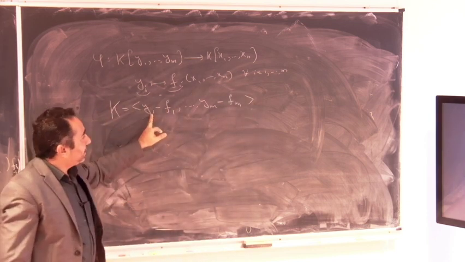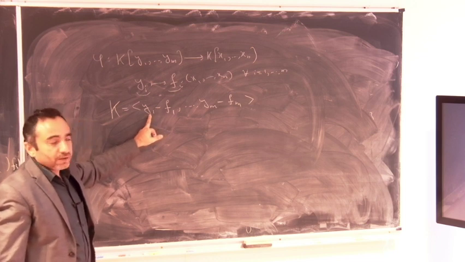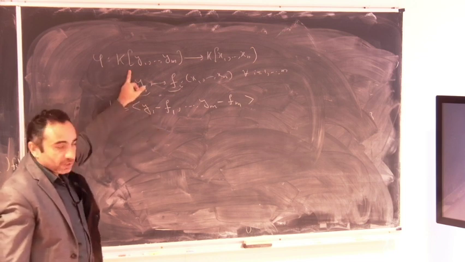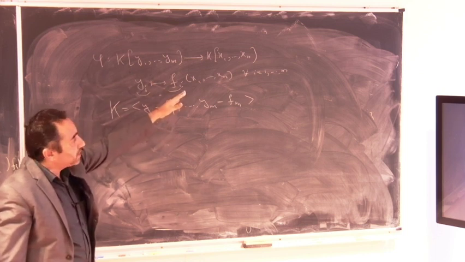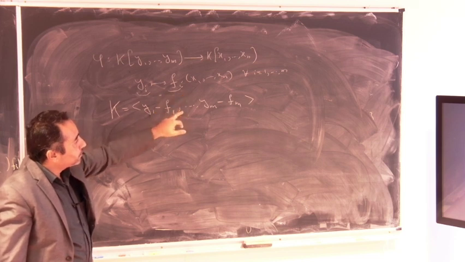Now this ideal has y variables from the domain and f from the range, that means k of x1 up to xn.